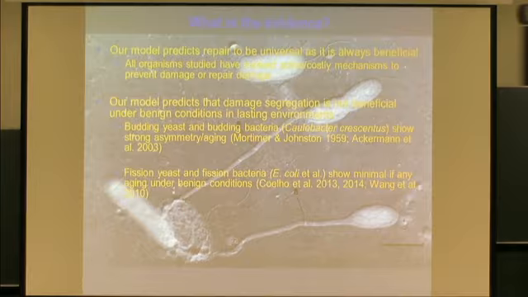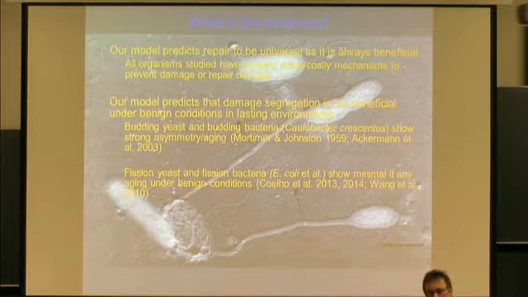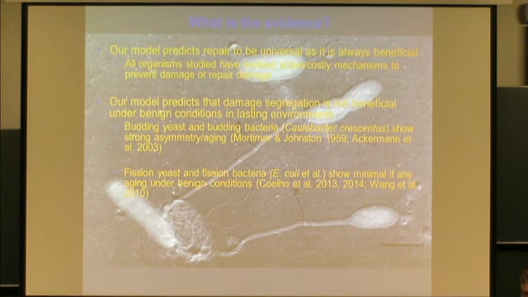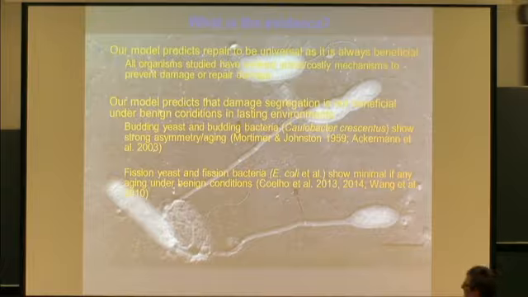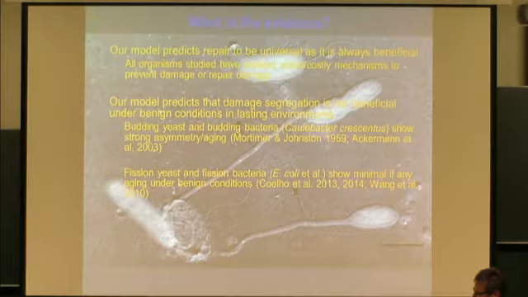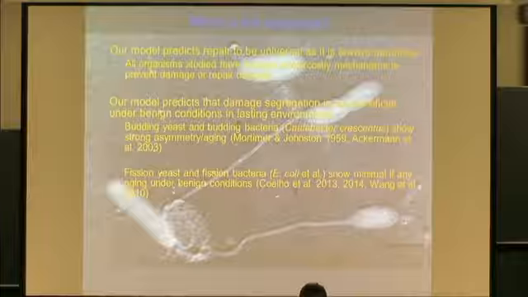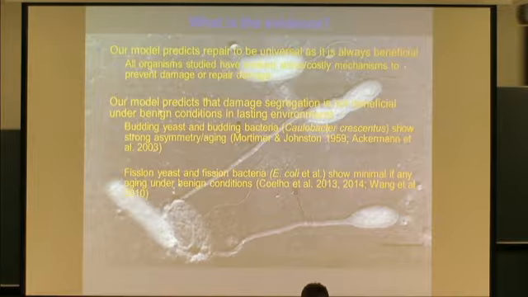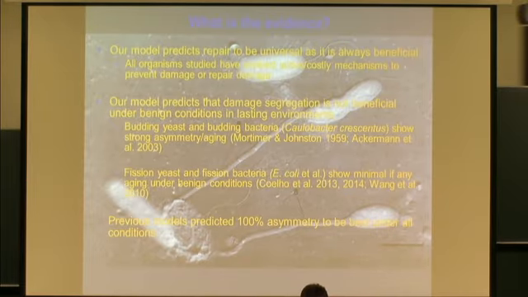So it's a combination of the budding mechanism that allows a stronger asymmetry in division, combined with the ecology of the organism living in short-lived environments, which I think allows us to explain all the experimental evidence and make this consistent with our model prediction of no aging under benign conditions.